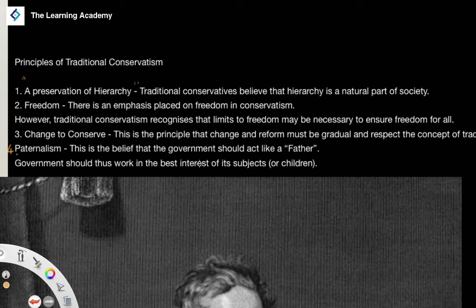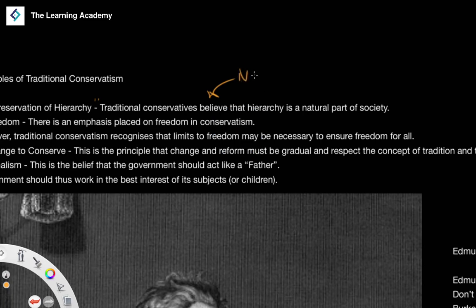So traditional conservatives believe that the most organic, most natural state of society is that of a hierarchical structure, where we have people that are at the top of this hierarchy, and then you've got people lower down in this hierarchy as well.